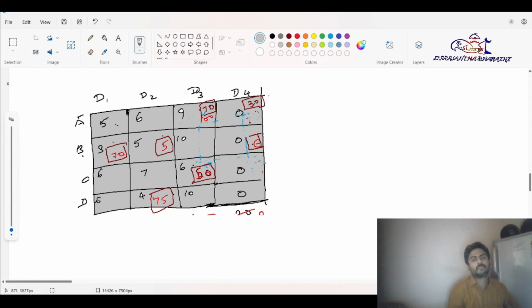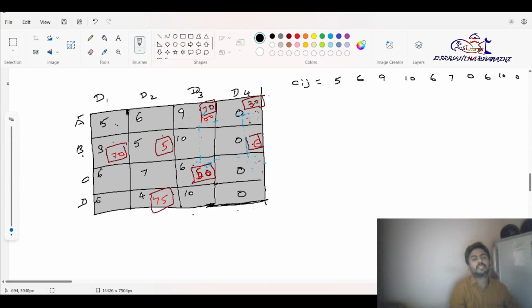Now you have to check for the degeneracy. You can easily say what the Cij values are. Cij equals the values of the unoccupied cells. So 5, 6, 9, then 10, then 6, 7, 0, then 6, 10, 0.